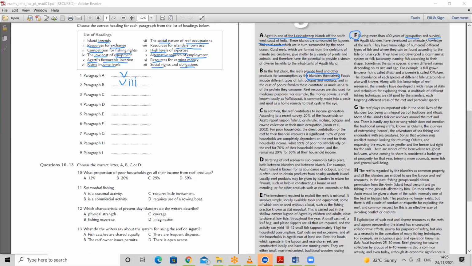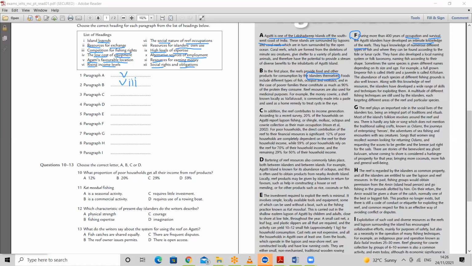And they have developed an intimate knowledge of the reef. To survive, as a part of the job and the occupation, they have developed a sort of knowledge.